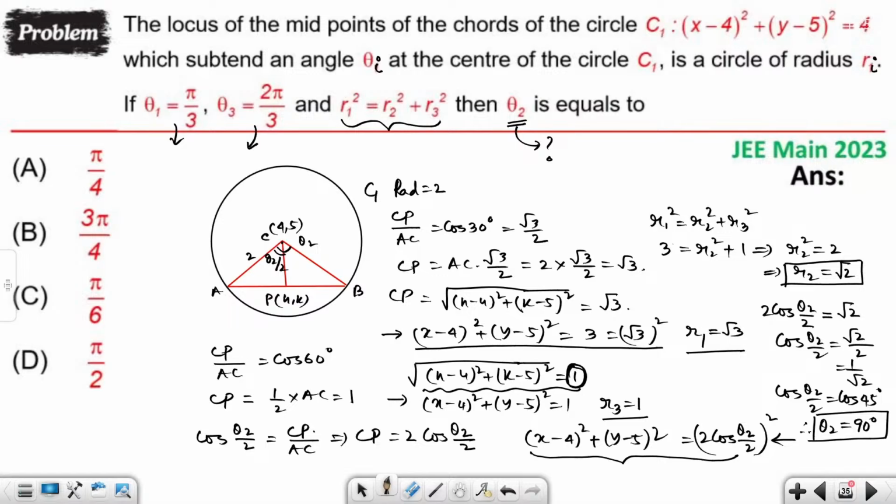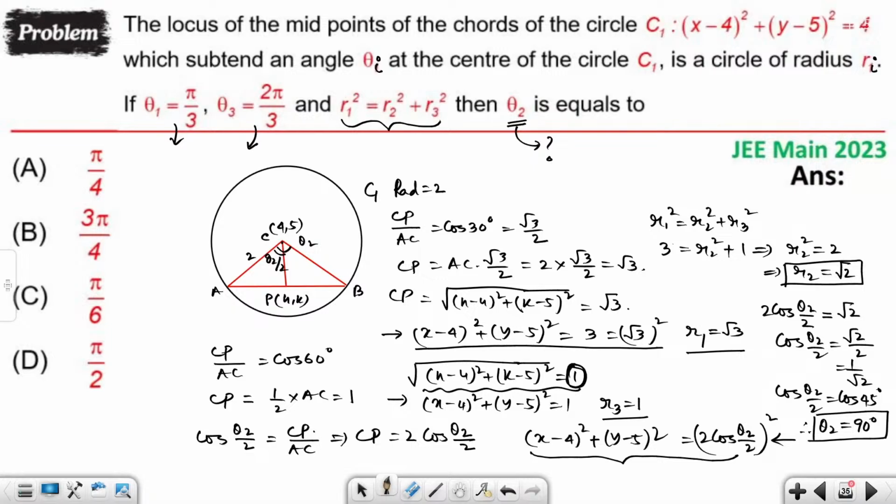Though they have made this a little bit not critical, I should say, because they are considering the same thing 3 times. First time, the angle made at the center is pi by 3. In the third case, the angle subtended at the center of the circle is 2 pi by 3. And in the second case, the angle at the center, they have not said.